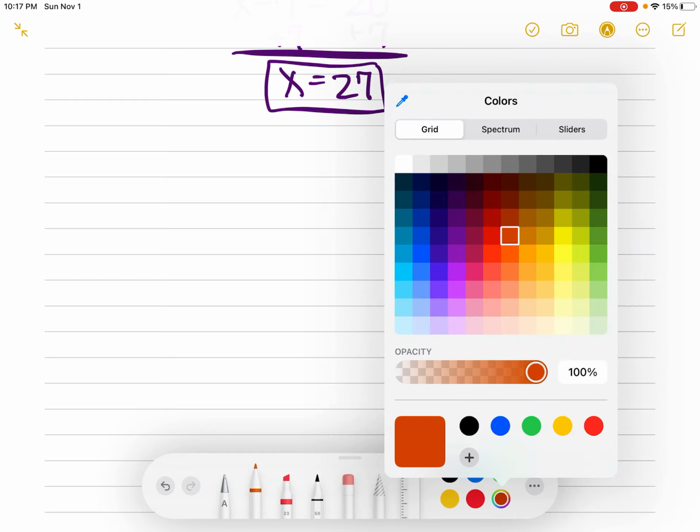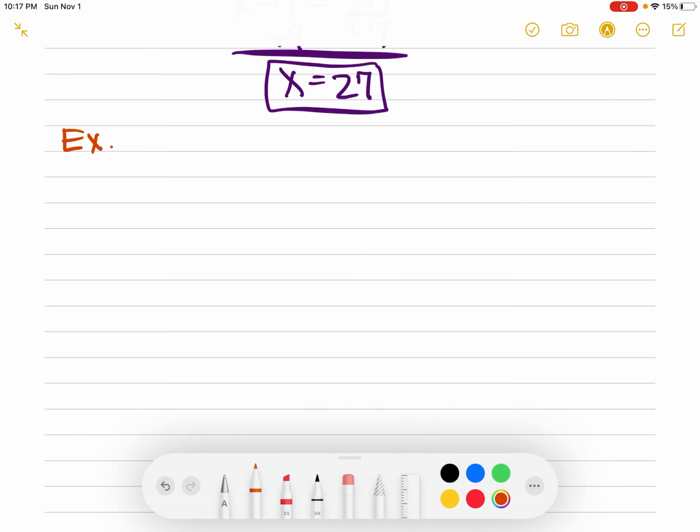Okay, example 2 is going to be, let me change my page here. Okay, x over 4 plus x minus 1/3 equals 3. Okay, this problem, a lot of y'all freak out when you see fractions or say, oh, that's a hard problem and skip it.